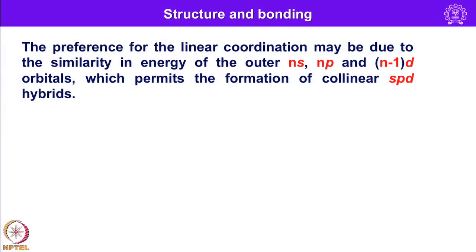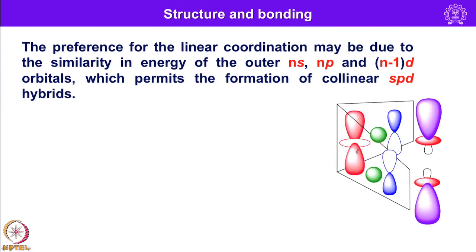The preference for linear coordination may be due to the similarity in the energy of the outer ns, np and (n-1)d orbitals, which permits the formation of collinear spd hybrids. I am going to show you how these spd hybrid orbitals look. So, this is how it looks here.